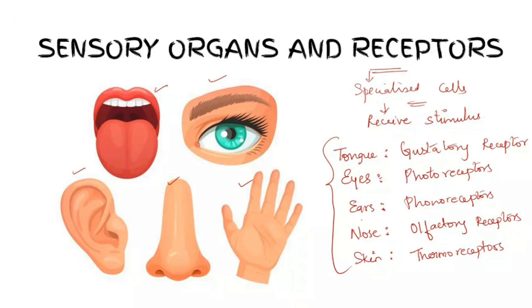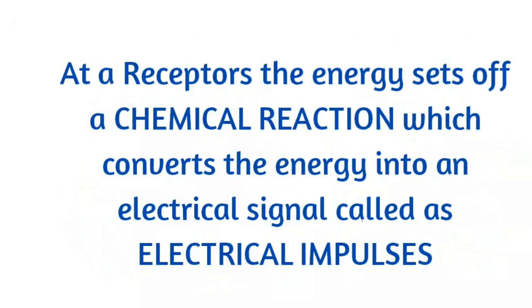So receptors are nothing but the specialized cells present in our sense organs which receive the stimulus. Moving forward, these receptors have the capacity to receive the signals, or the energy, or the changes around us.